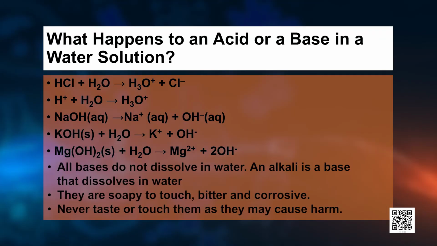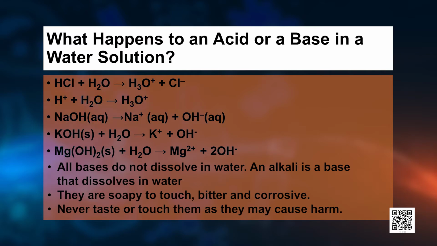So, as you can see the reaction on the screen, the HCl gas, when it comes in contact with water, forms hydronium ions, that is H3O+, and chloride ions. And what are these hydronium ions? The H+ ions, that is the protons, when they come in contact with water, they combine to form hydronium ions.